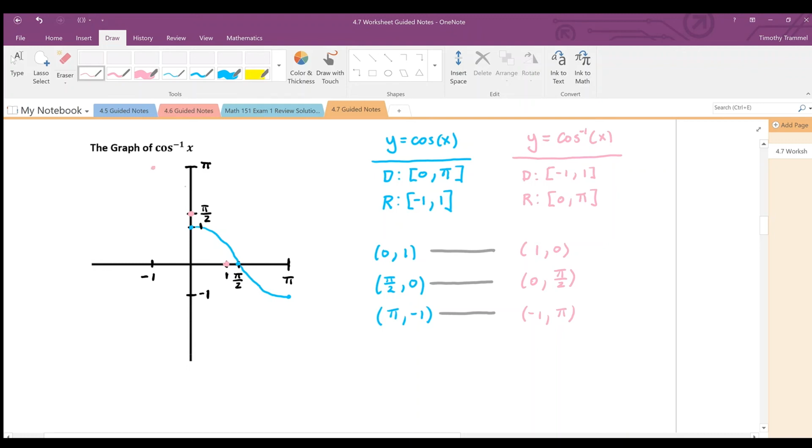Okay. Now, this one can be a little bit more confusing to try and imagine rotating across the line y equals x. So maybe I'll put in the line y equals x. Okay.